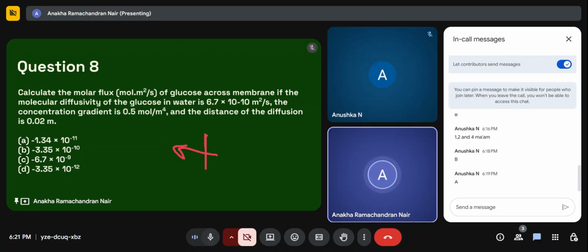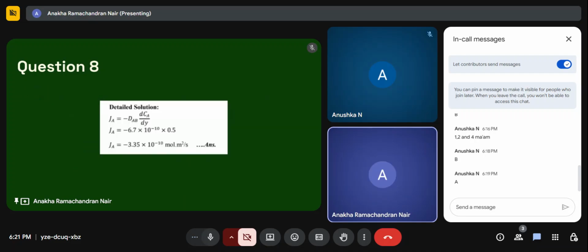Yes. So maybe let's try to solve this together. What they're telling you is the molecular diffusivity and the concentration gradient and the distance of diffusion. So how much distance the glucose has to travel across the membrane, right? So this is how you get the answer.